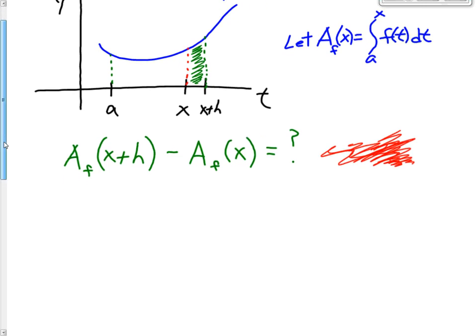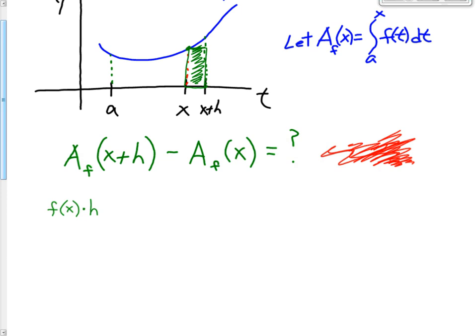All right, so how could I calculate that area? Well, if I used the left endpoint and made a rectangle, now I'm using the example where this function is increasing from x to x plus h. We could do the same argument if it was decreasing and set up a similar inequality. So I claim that if I take my function, evaluate it at x, and then multiply by h, that'll give me the area of the rectangle with a height of f of x.